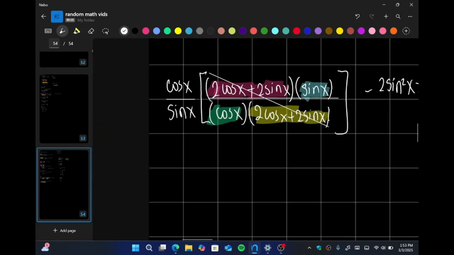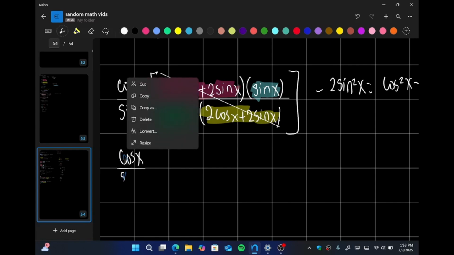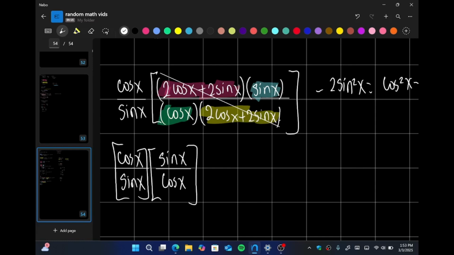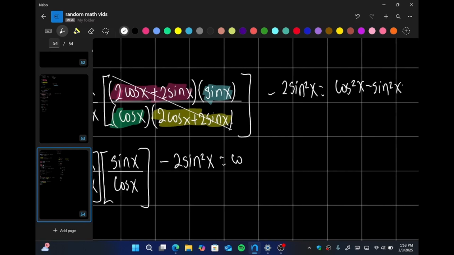Now, notice that these two cancel out, so then we have cosine x over sine x times sine x over cosine x minus 2 sine squared x equals cosine squared x minus sine squared x.